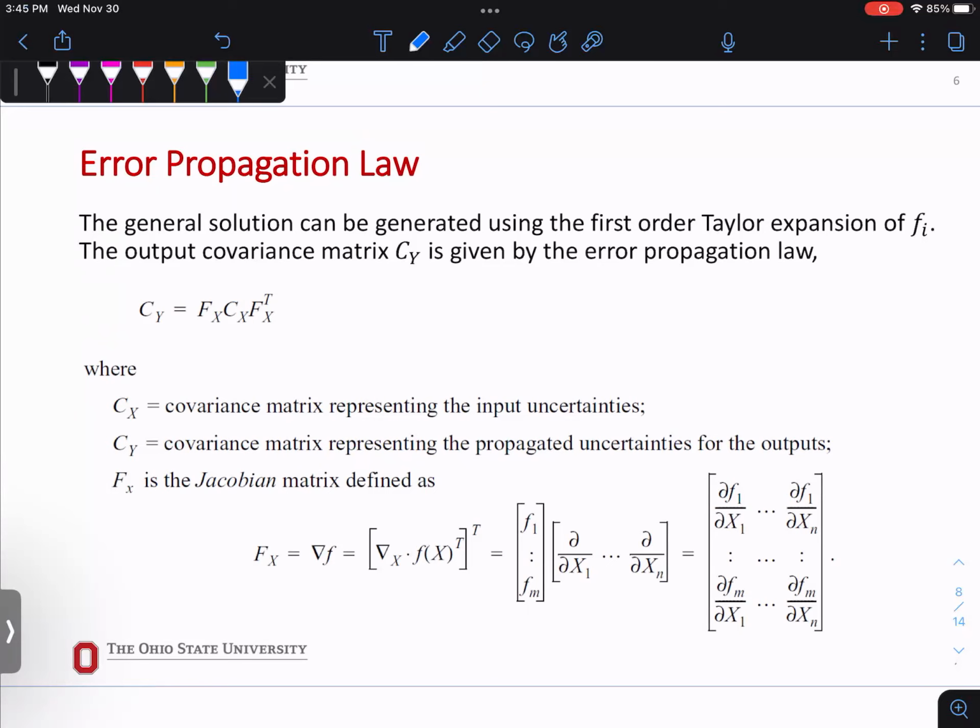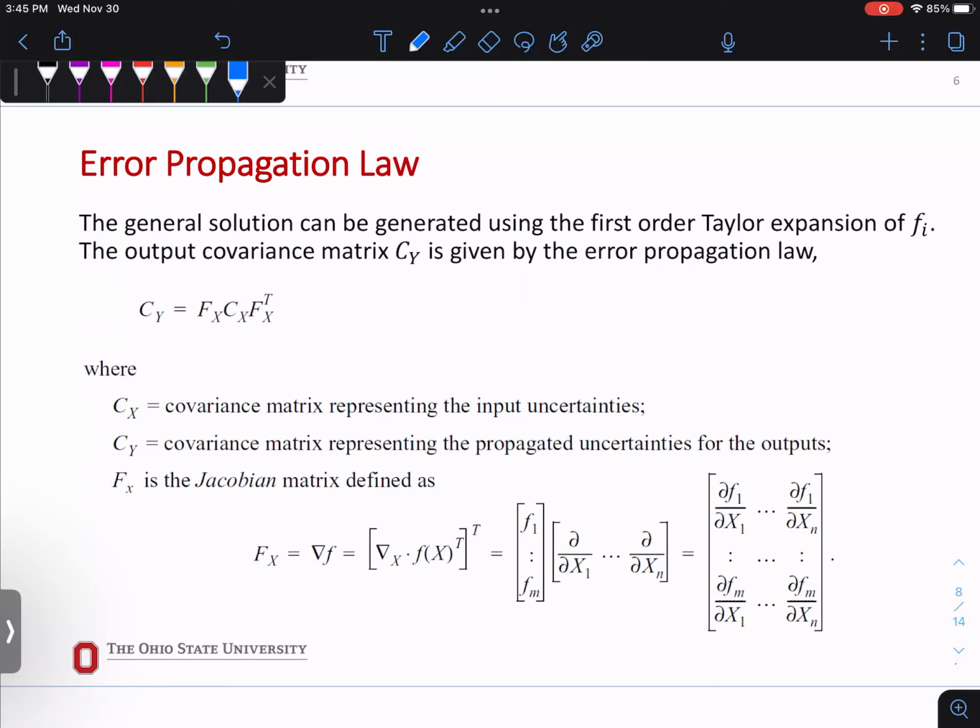How does this change if I change X? How does this change if I change Y? The easiest way to talk about changes is just getting the partial derivatives. And that is your Jacobian. So we are going to always identify a Jacobian function and use this error law.